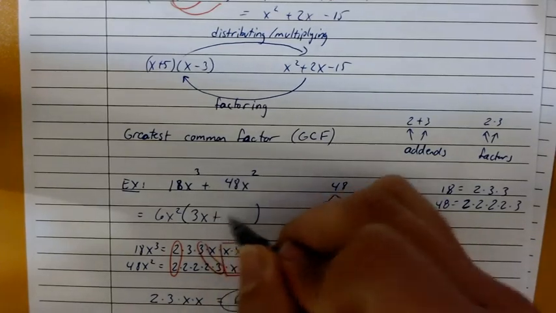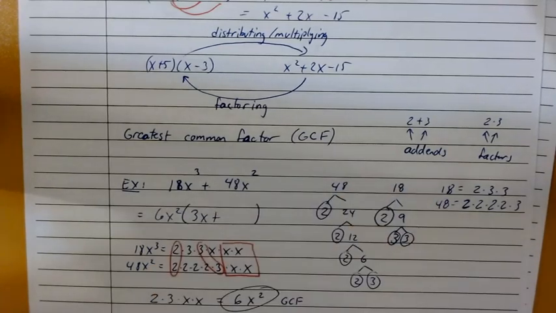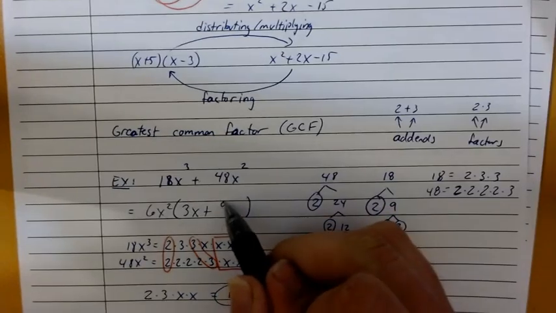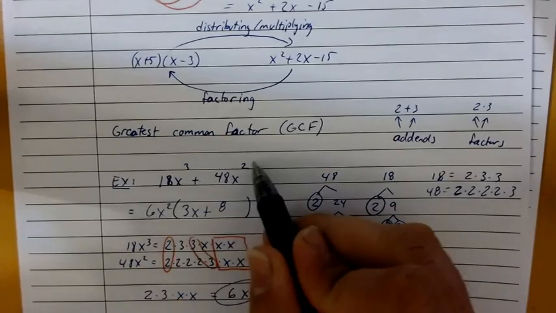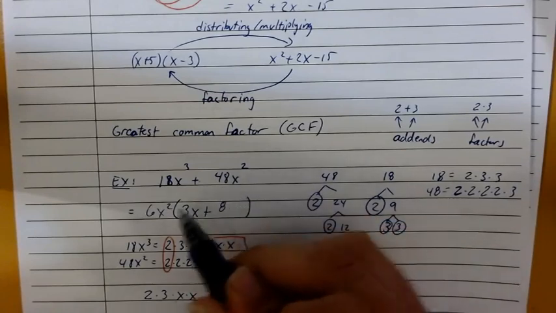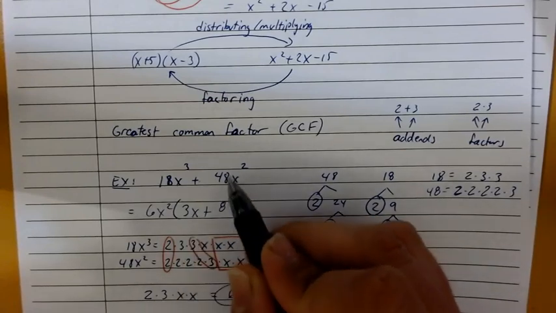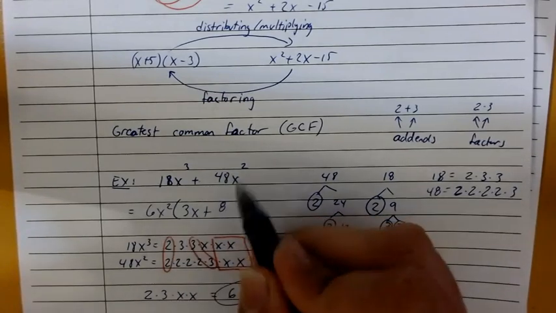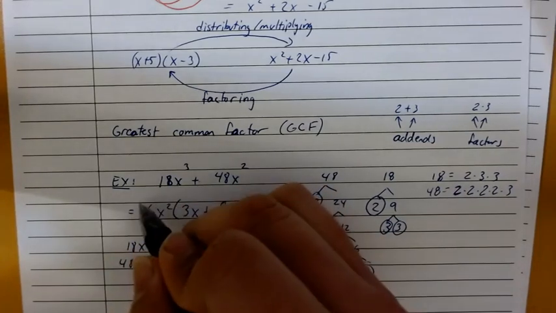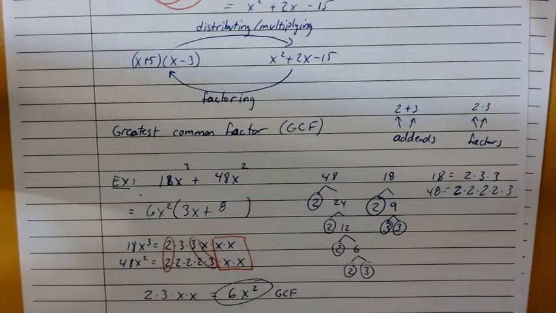Plus, we take 48 and divide by 6. That gives us 8. And then notice if you take the x squared and divide by the x squared, they just go away. X squared divided by x squared is the number 1. So really that's 8 times 1. All right, well, there we go. This is a factorization.